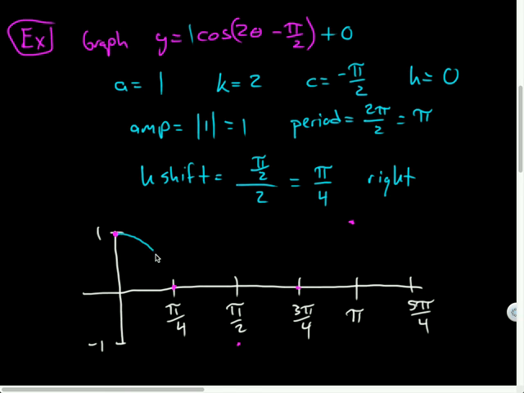So here's the unshifted one. And I'm shifting this over pi over 4 units, right? So every point is being shifted over pi over 4 units.